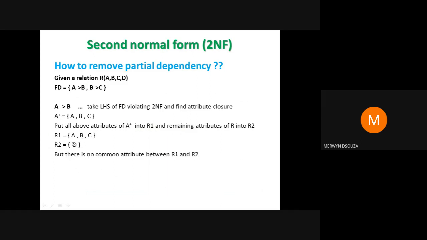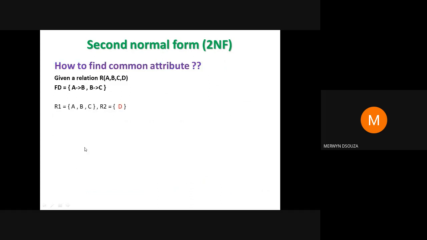But as you can see, if you want to do any queries on these two relations, there is no common attribute between R1 and R2. Now we'll see how to find a common attribute between the two relations R1 and R2.